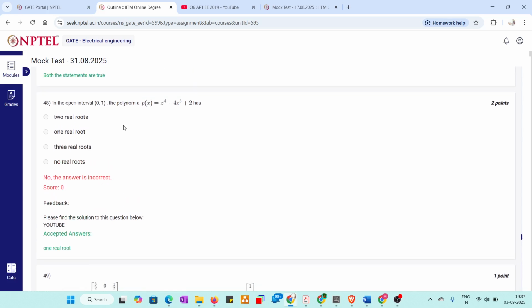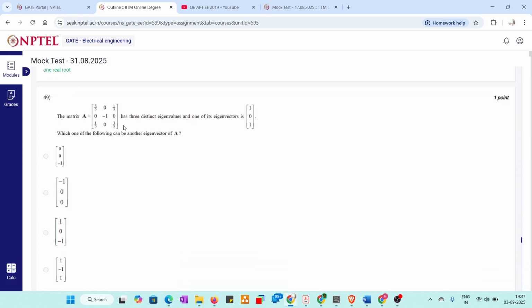So we'll have a question related to the control system. Okay. Next, the matrix question. Oh no, this again is values of the matrix. Okay. So this one, you have a control system based question.